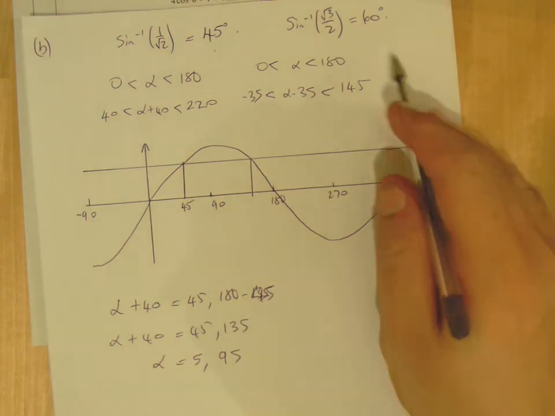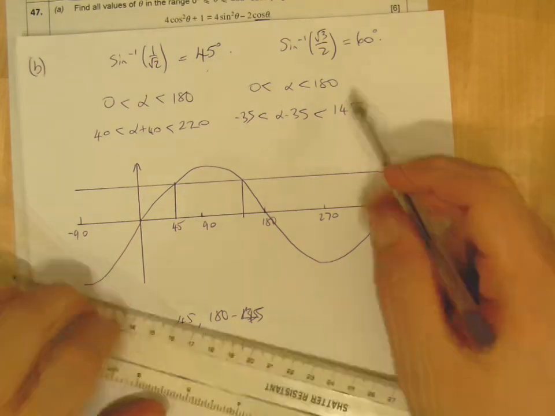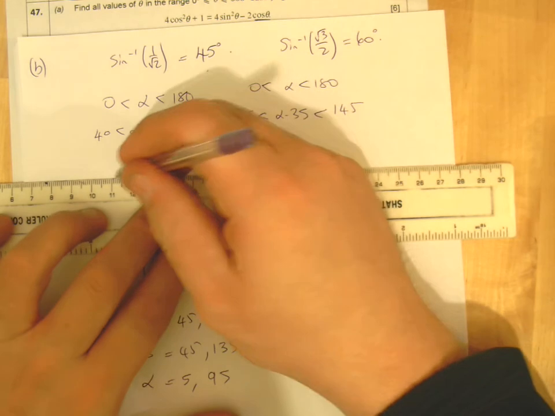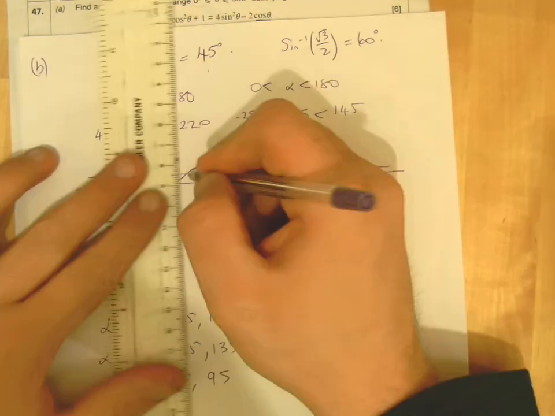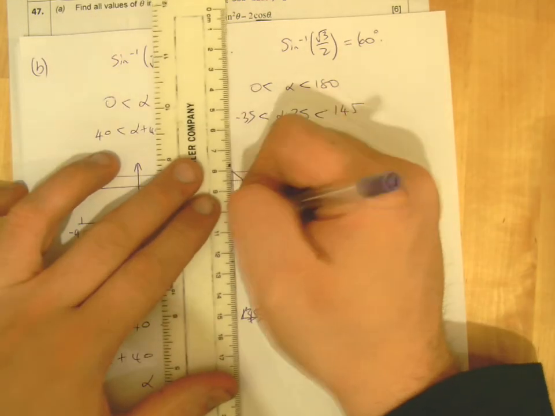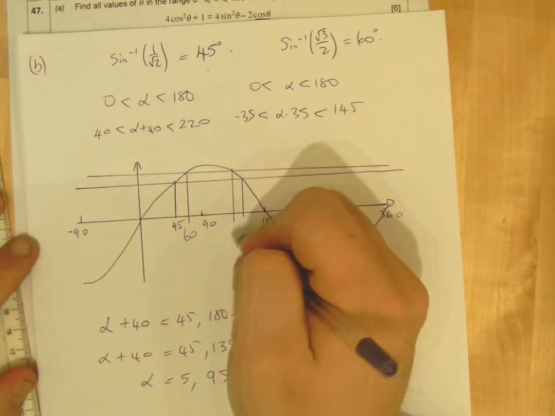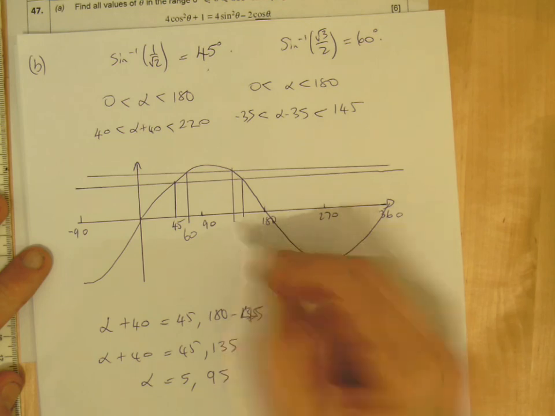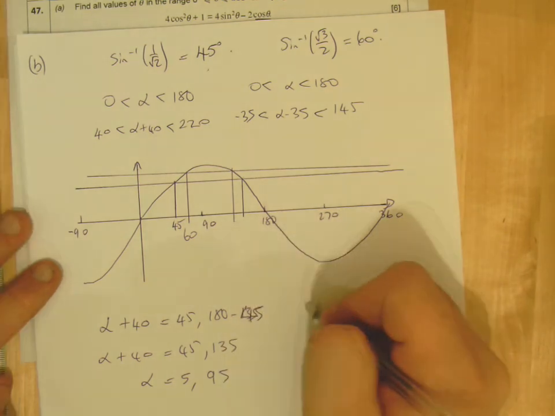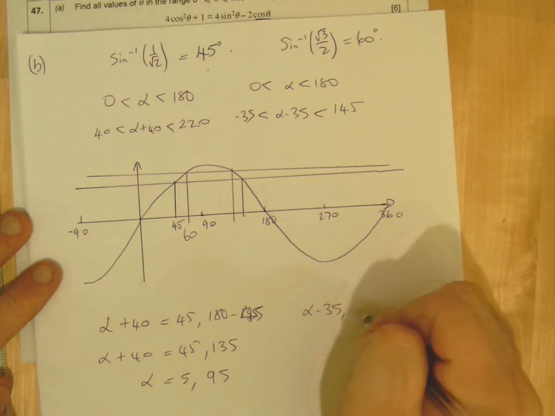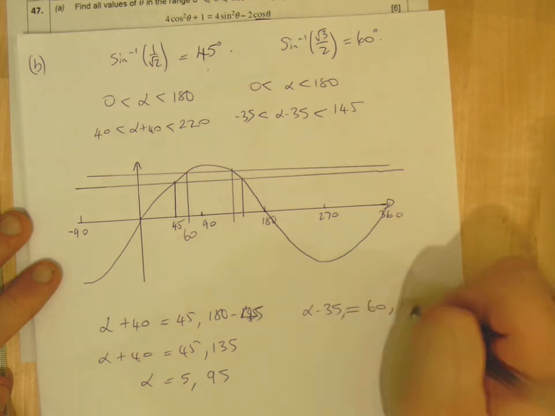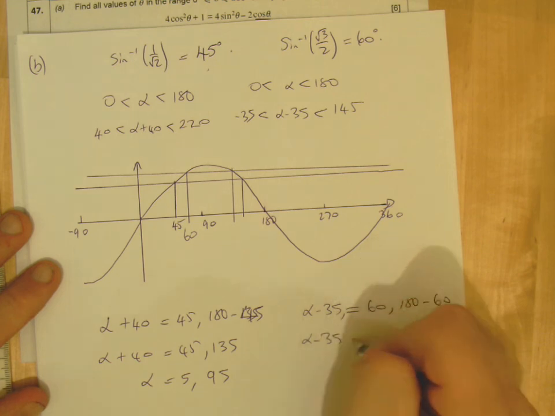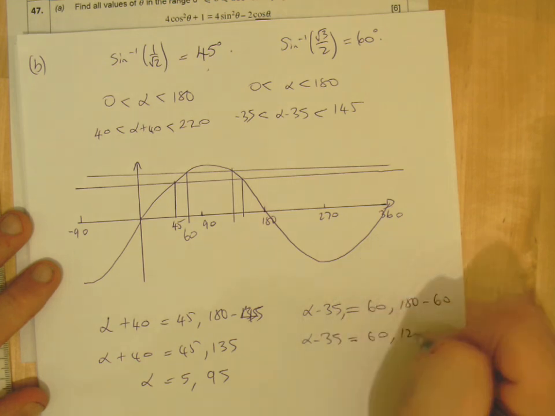Let's do the same for the other results. 60 degrees, root 3 upon 2, which is slightly higher up. So again, you've got 60 degrees there, and then that will be 180 minus 60 degrees. So alpha minus 35 equals 60 and 120.